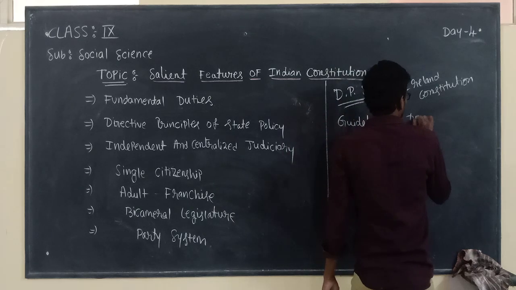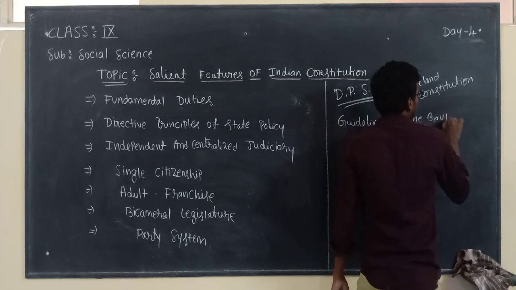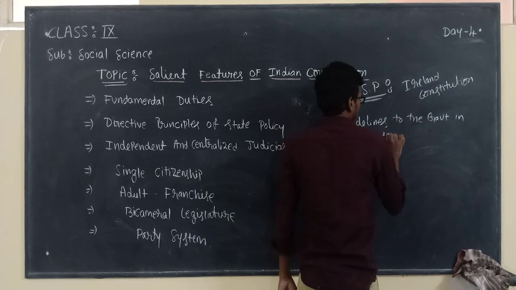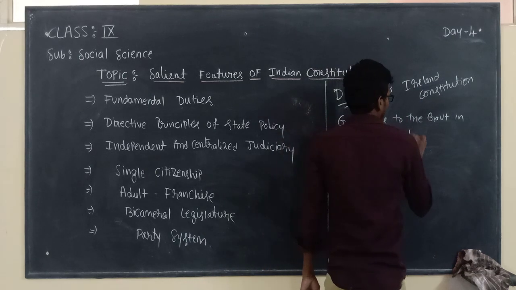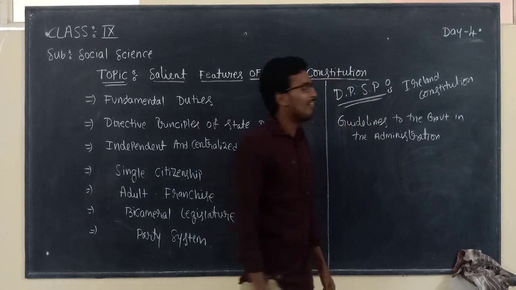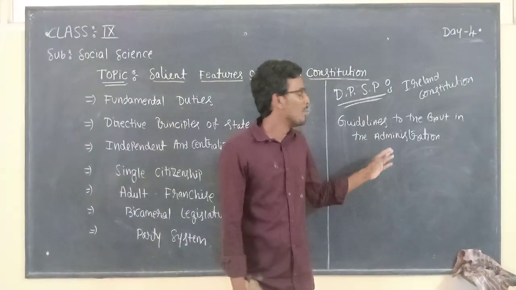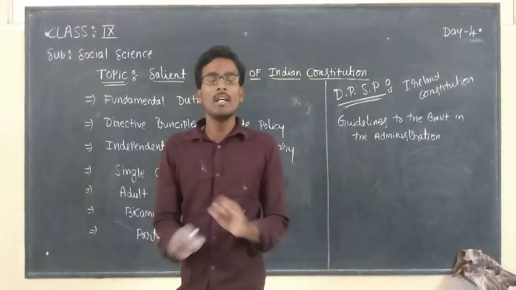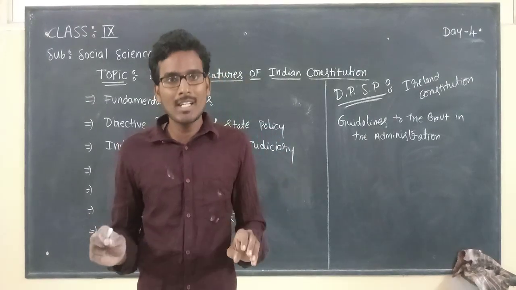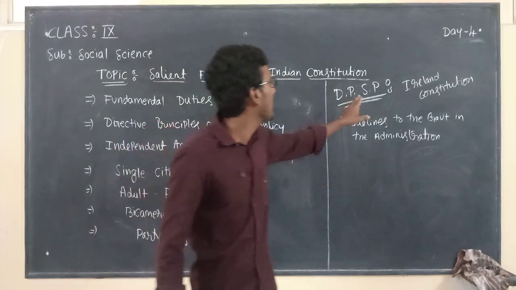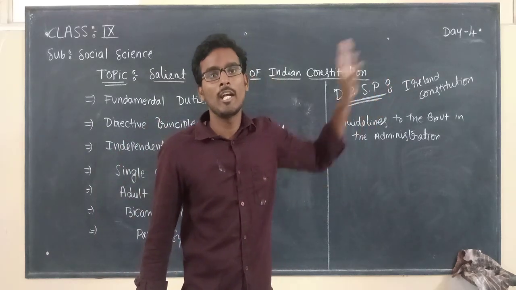Guidelines to the government in the administration. Whenever the government is going to run the administration, they should look after directive principles of state policy. But there is no compulsion on the government by the constitution to follow them.